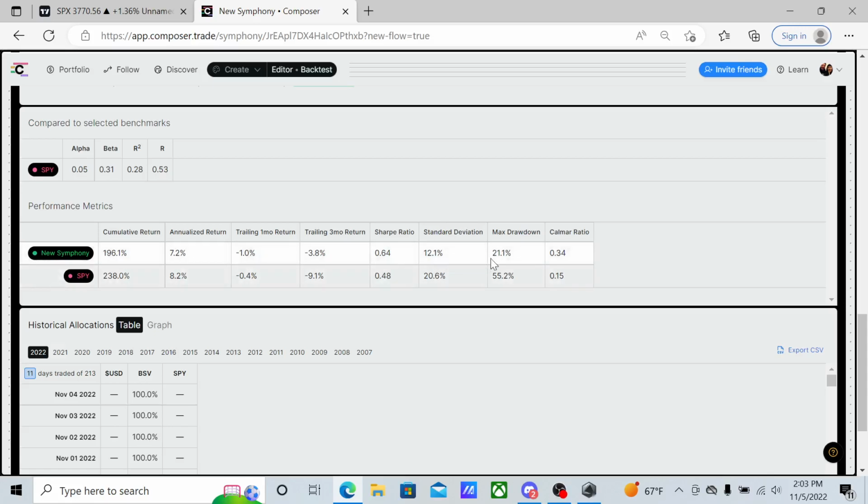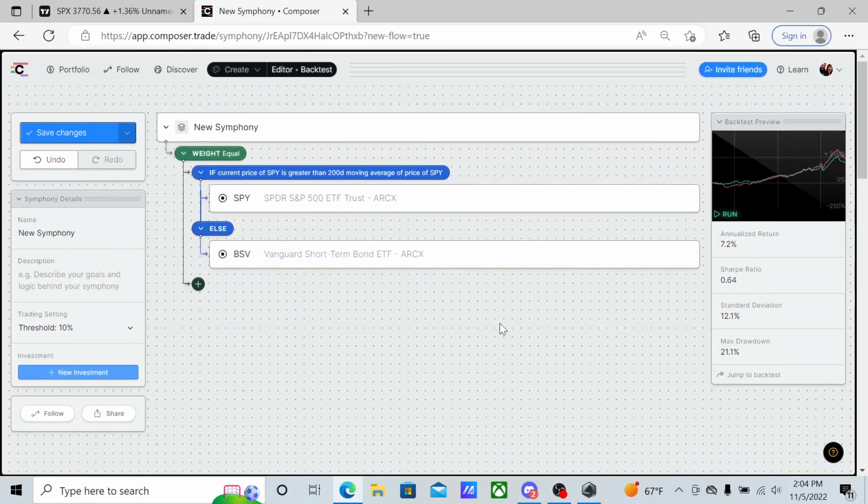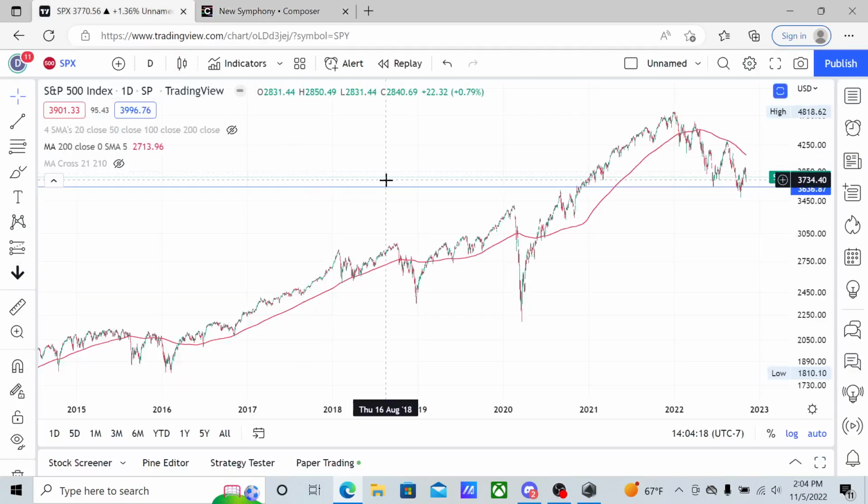So where you really win is the drawdowns. Max drawdown of buy and hold is 55% versus a max drawdown of just 21% for the 200-day moving average strategy. That is a very bare bones one line strategy. You can easily take that and start plugging in more steps, and you're going to start to outperform the S&P 500 pretty quickly.